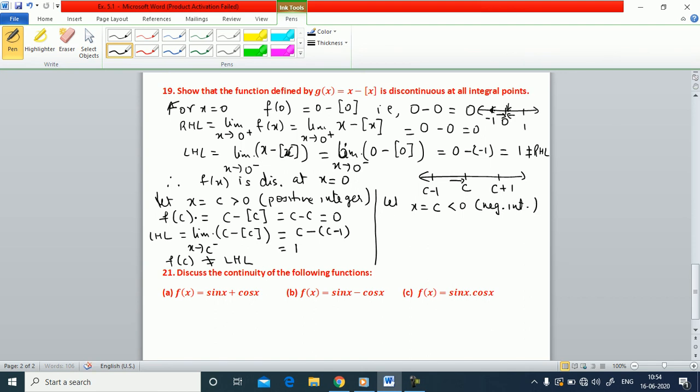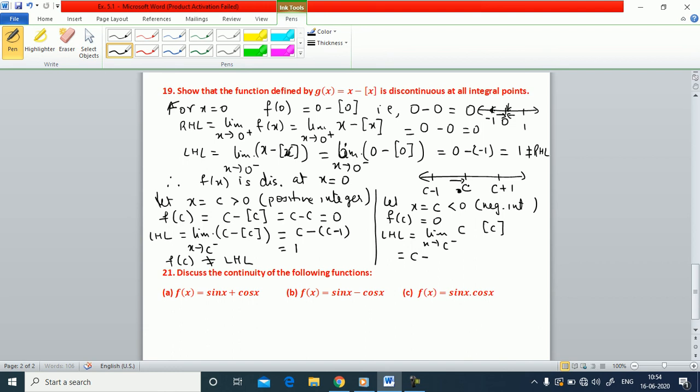Now at c, you can use this method only. At c, the value will come out to be 0 only. But on the left of c, it will be the limit as x tends to c from the left of f(x), which is c minus the greatest integer function of c. Why put a negative sign?